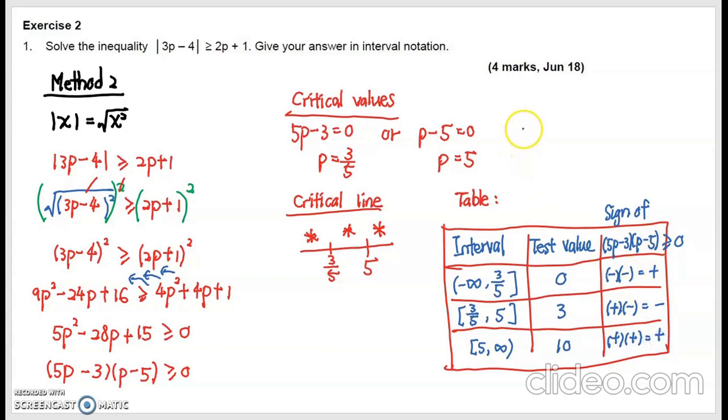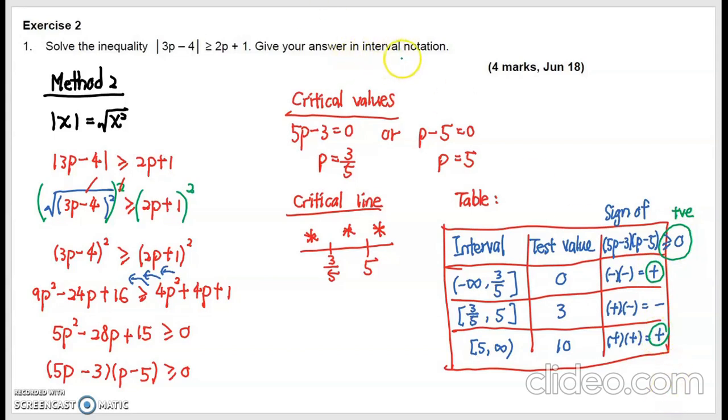So what should we choose, positive or negative? How are we going to determine? We determine by the sign. This is greater or equal to 0, which means that we need positive. So positive means that our answer is here and here.